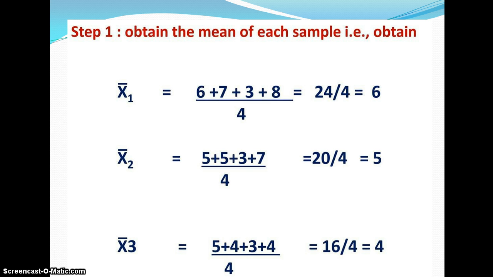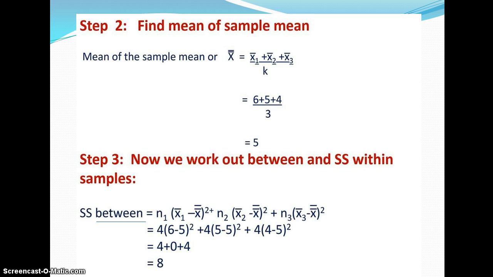In this step we simply calculate the mean, the sum of all observations divided by the total number of observations, using this formula. Now the second step: find the mean of the sample means, which is denoted by x double bar.